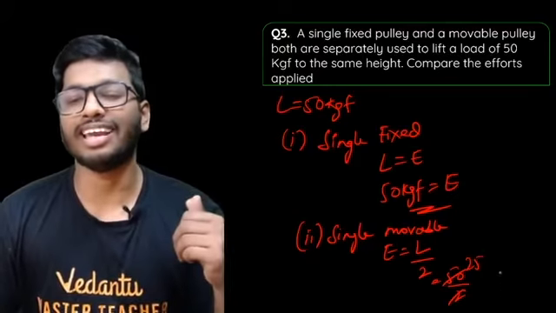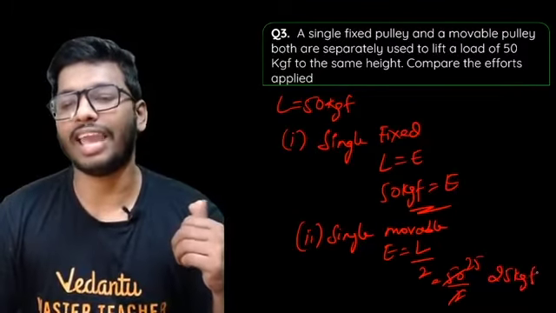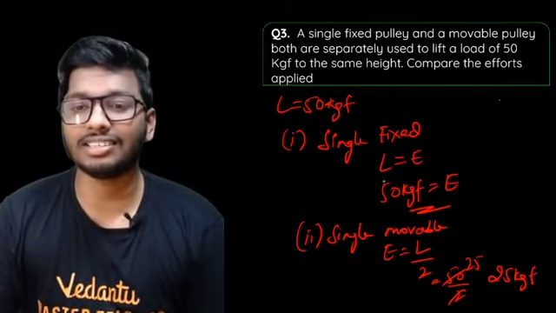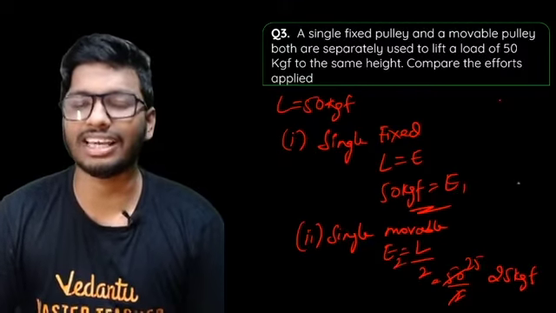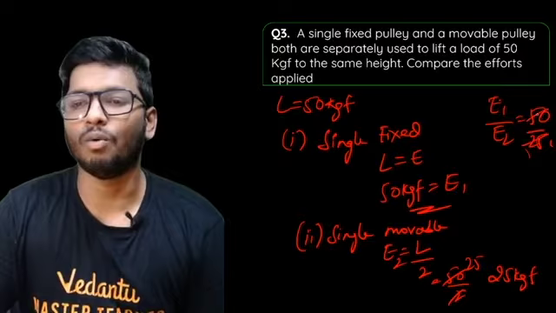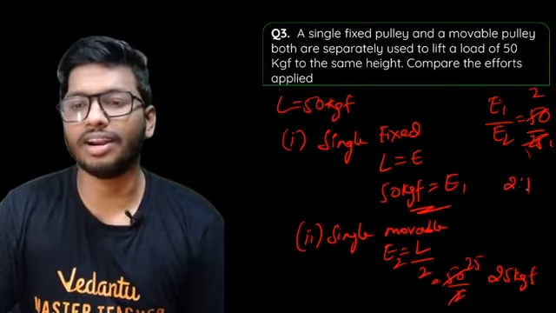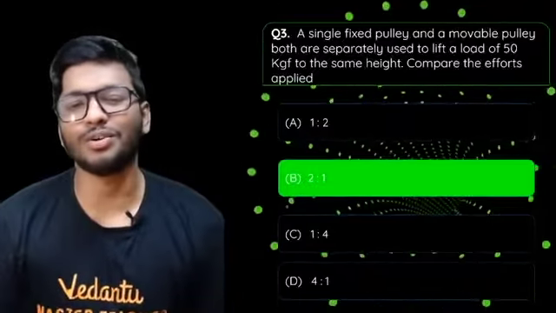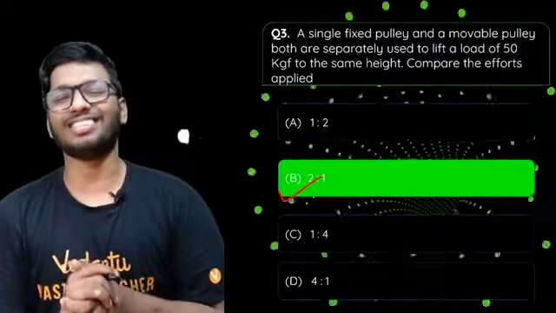So the effort is 25 kgf, as simple as that. Now to compare both the efforts, I'll take this as E1 and this as E2. So E1 divided by E2 is equal to 50 divided by 25, which gives you a 2:1 ratio. The answer to this question is option number B, which is nothing but 2:1. As simple as that. So that is the answer for this question, guys.